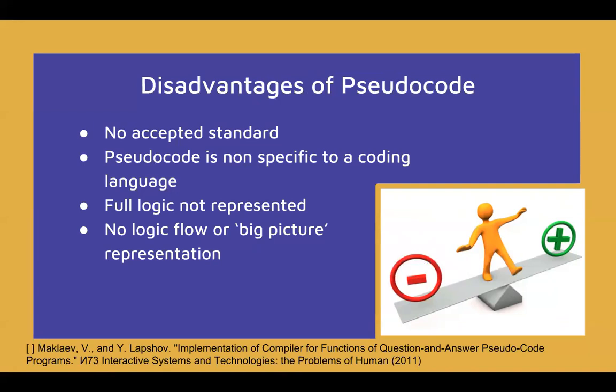Since pseudocode is implicit, finding the right trade-off between readability and precision can be tricky. Another disadvantage of pseudocode over other design tools may be the inability to show logic flow or the bigger picture.